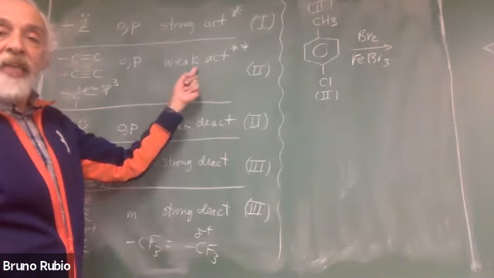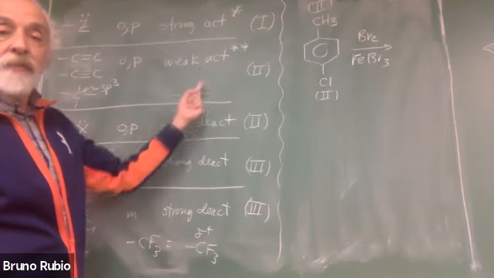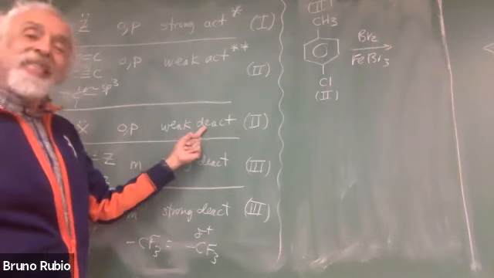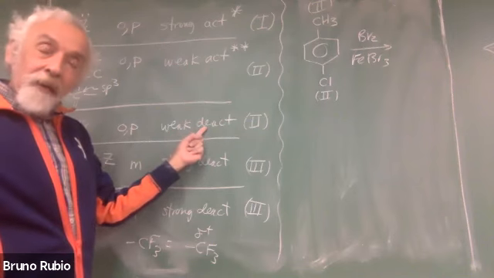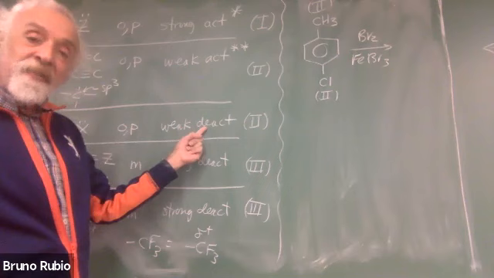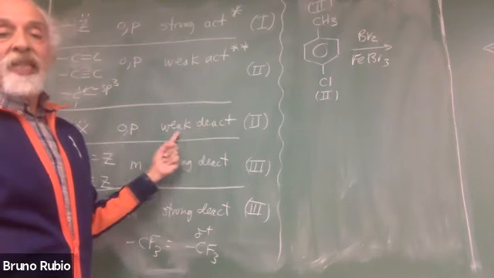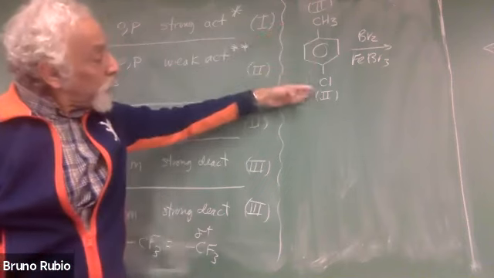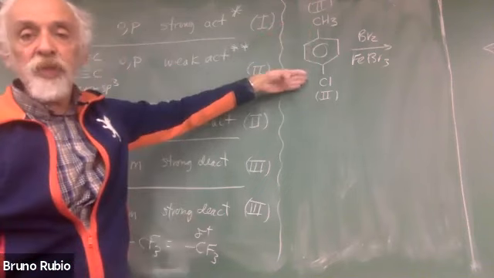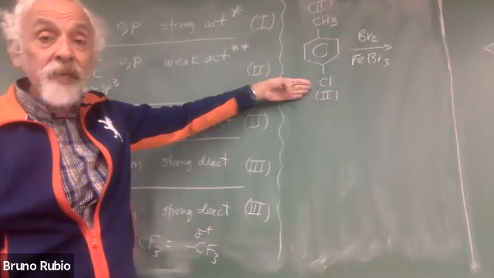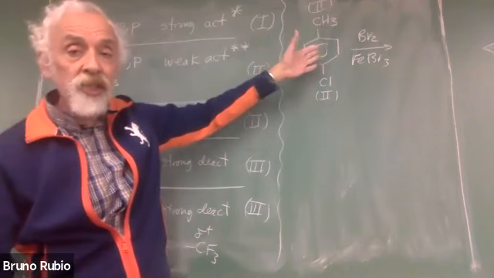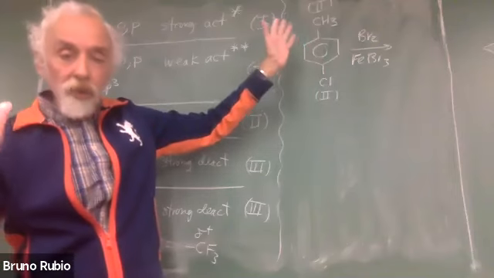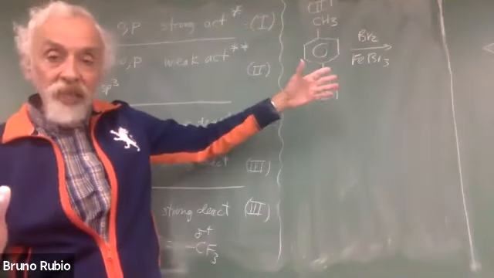So one is an activator, one is a deactivator, but this weak activator is not really significantly more activating than a weak deactivator. So what I'm trying to say is that both substituents belong to the same class. They're both Class 2. We would have the same issue if they were both Class 1, or the same issue if they were both Class 3.